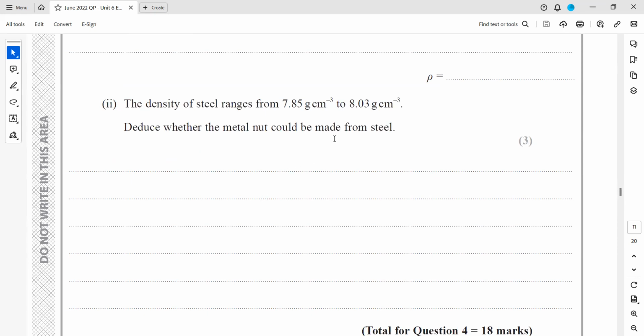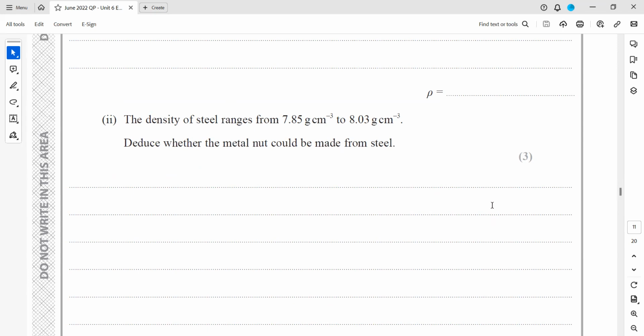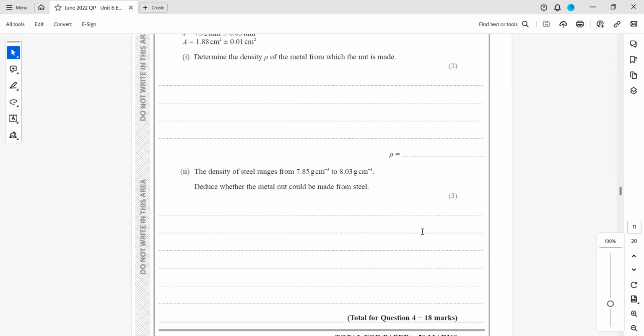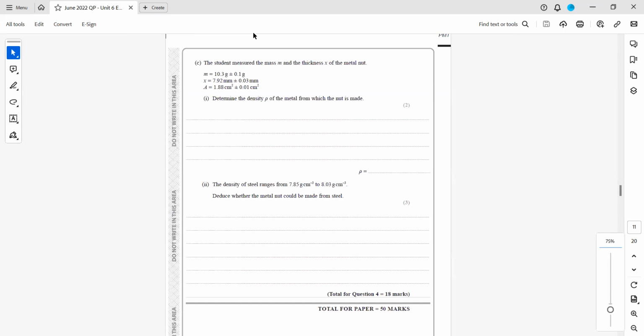The density of steel ranges from 7.85 to 8.03. Deduce whether the nut could be made from steel. The best way for a comparison is percentage difference and percentage uncertainty. You work out the percentage uncertainty and you work out the percentage difference. If the percentage uncertainty is more than the percentage difference, it means they are the same.